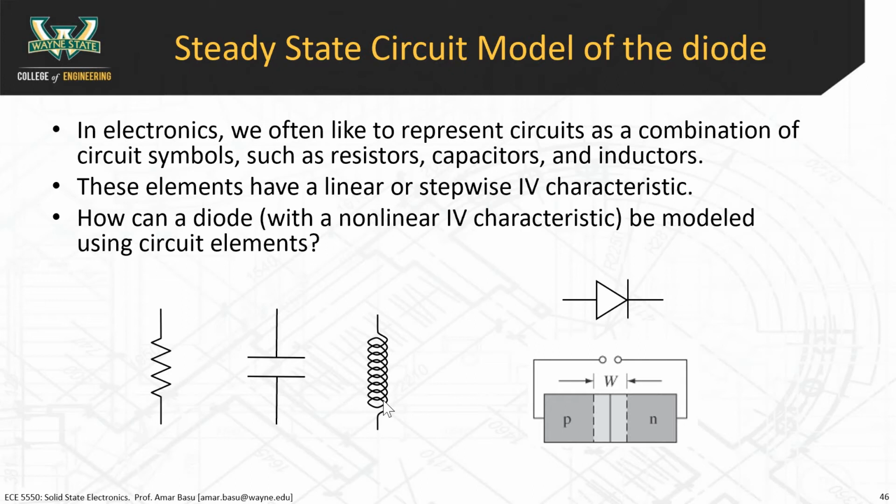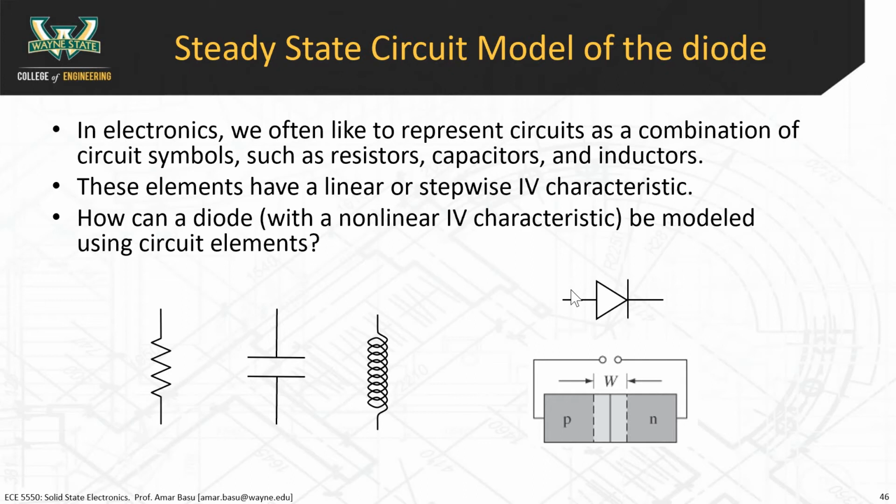Some of these elements have a linear characteristic, and some of them can have nonlinear characteristics. The diode essentially has a nonlinear characteristic. We showed in last class that there's an exponential relationship between voltage and current.